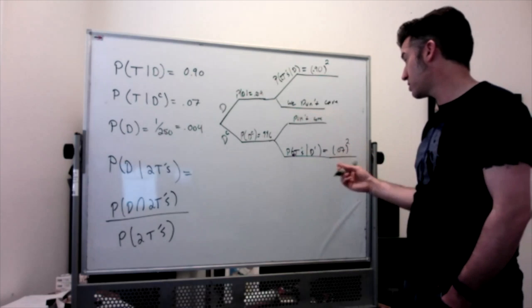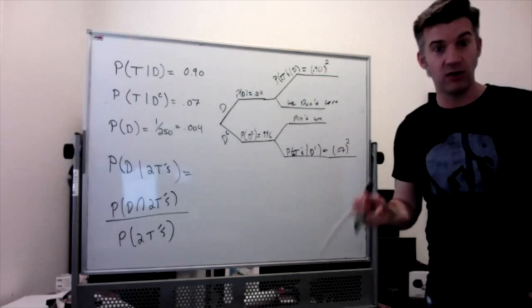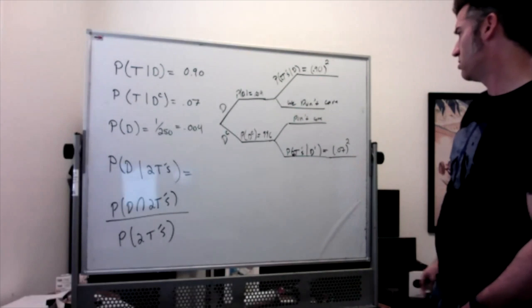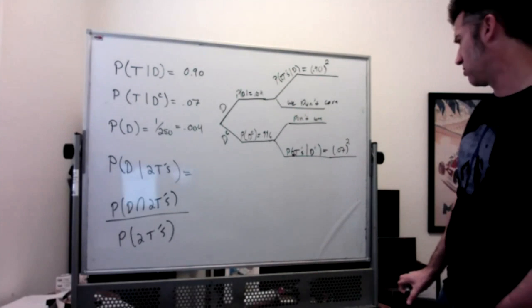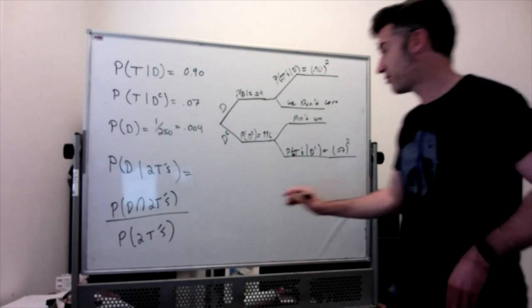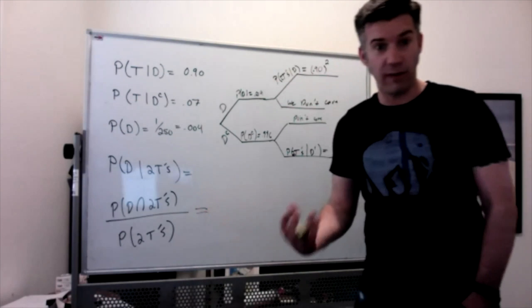So it's a very, very small chance of having 2 positive tests given that you don't have the disease, right? It's 0.07 squared, which is like 0.0049 or something like that, I forget how many zeros it is. Anyway, so then we just follow the paths.